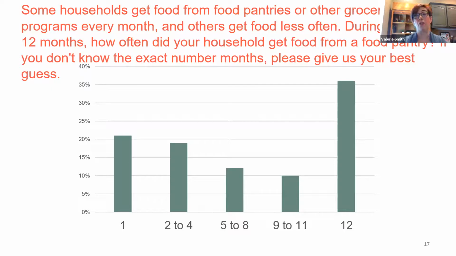But we had 35+% of the people who were utilizing food pantries who were utilizing them every 12 months. And this really sparked a conversation among our Food Security Council leadership about thinking about targeting interventions as we move forward towards those families that are having persistent long-term food insecurity and are needing support on a monthly basis.